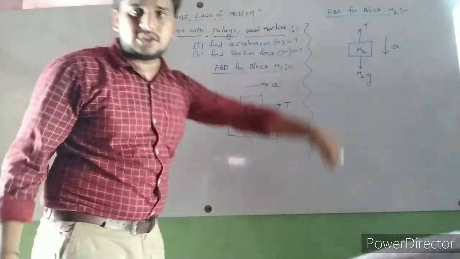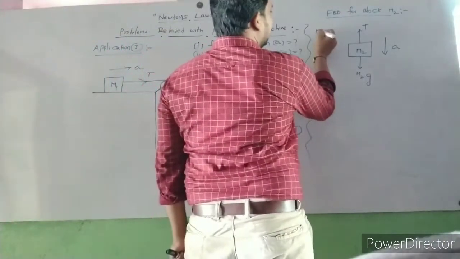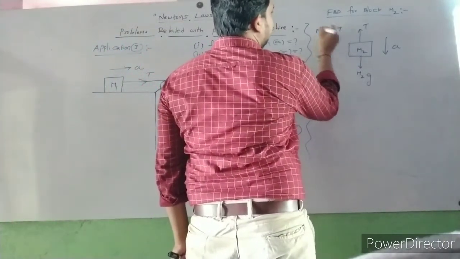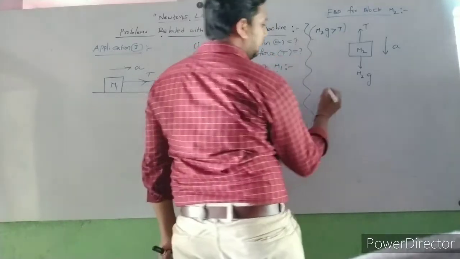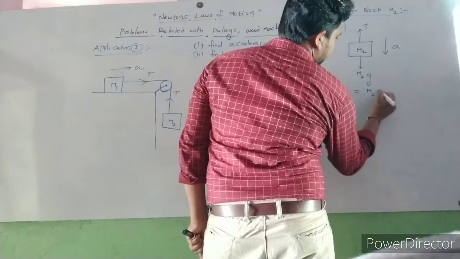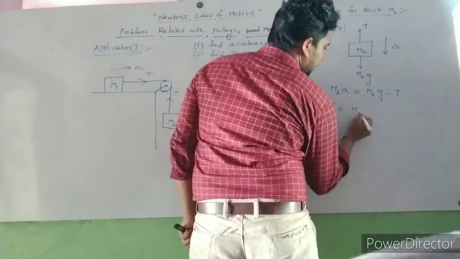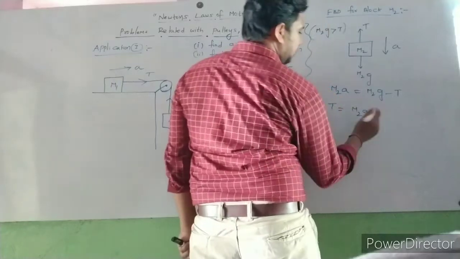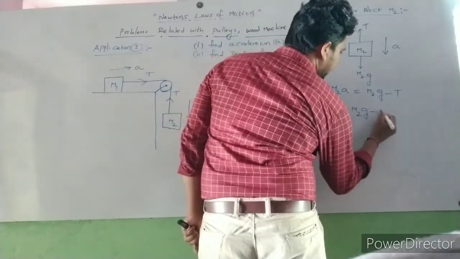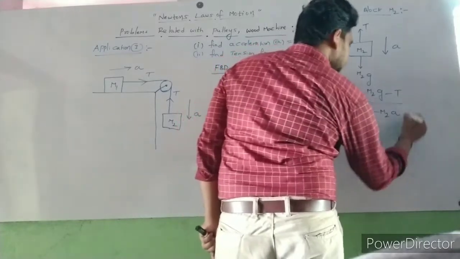Here acceleration is downwards, so definitely M2G is greater than T. So M2 into A is equal to M2G minus T. So T is equal to M2 into G minus M2 into A. This is equation 2.